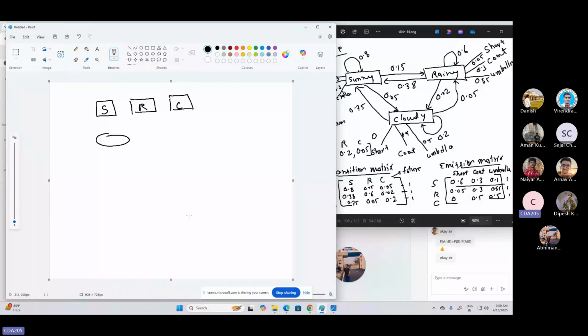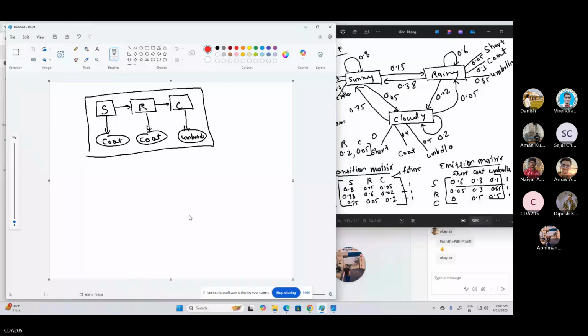And this is short, this is coat, and this is umbrella. So we have to find the probability of this state, these possibilities. So let us take this one. So first we will solve this one.